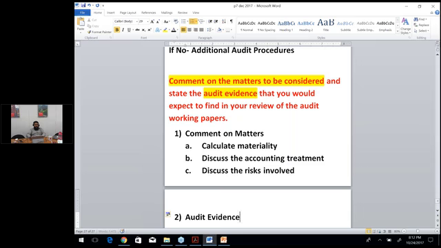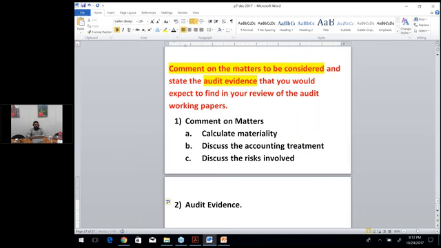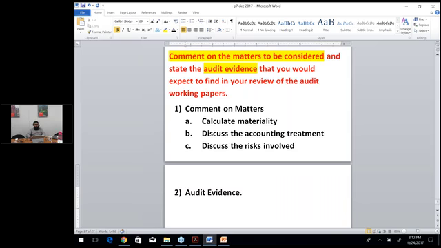Audit evidence. Now there was a student who asked what exactly is the difference between the audit evidence and the audit procedure. So let me discuss that. Procedure is an action. The evidence is the result of an action.